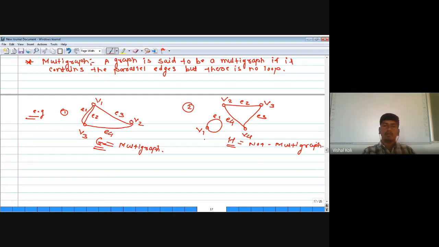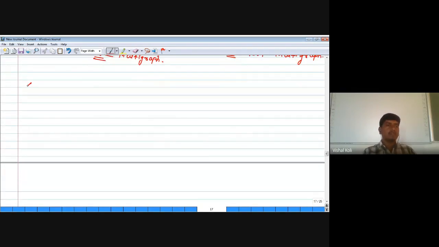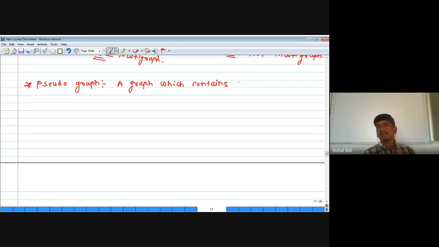Okay. Now, the next one is, what is a pseudograph? A graph which contains both loop and parallel edges is called a pseudograph.